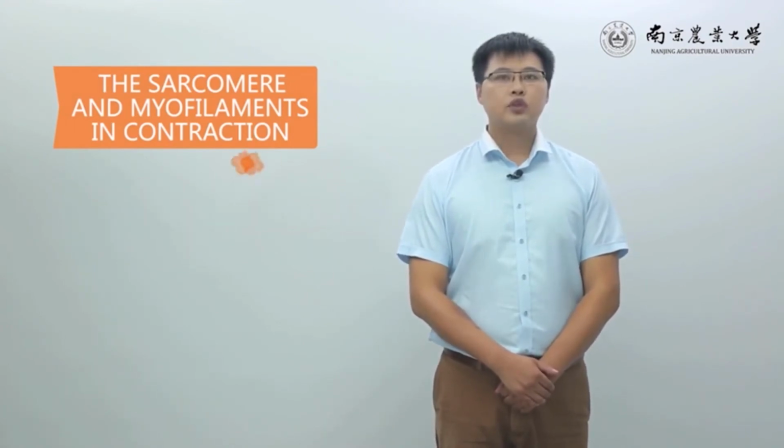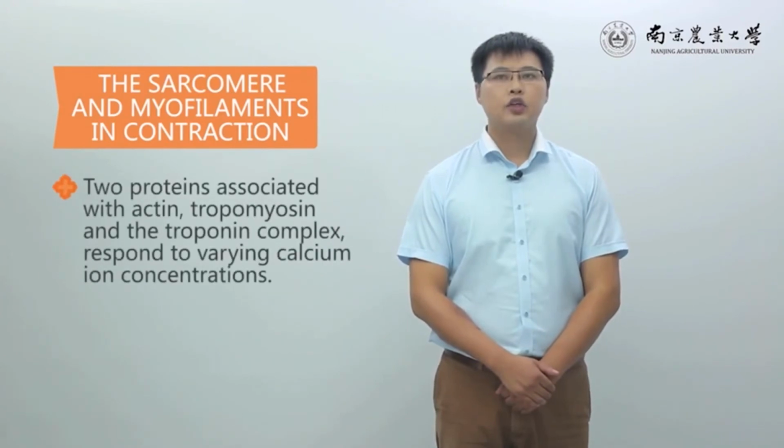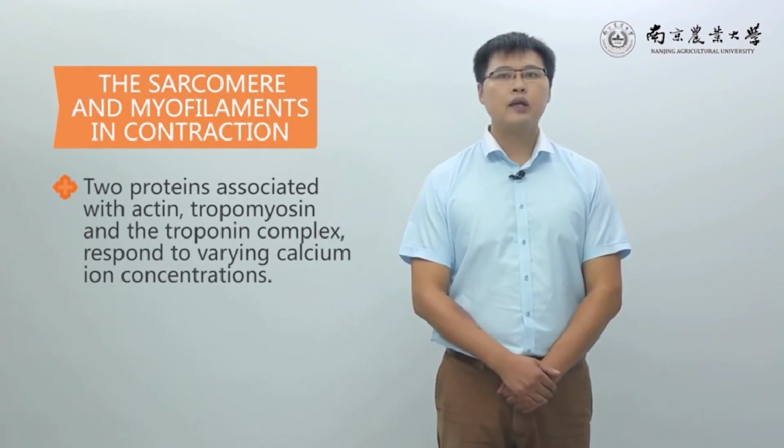Two proteins associated with actin, tropomyosin and the troponin complex, respond to varying calcium ion concentration, acting as a switch to enable or disable the interaction and the formation of the cross bridge between actin and the myosin heads.